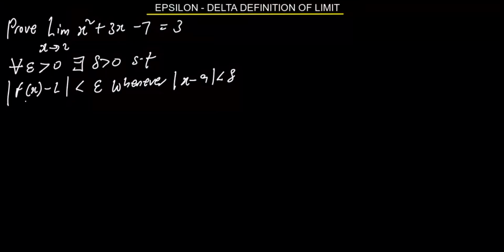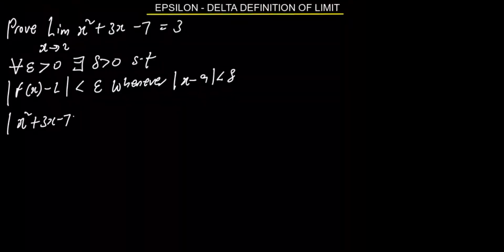So let's follow this definition. My f of x is x squared plus 3x minus 7, and then you have minus L, which is 3, then less than epsilon.